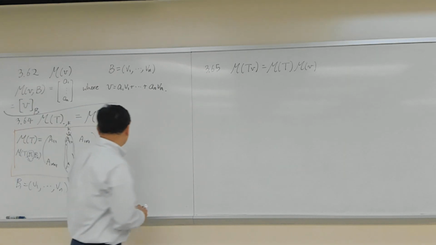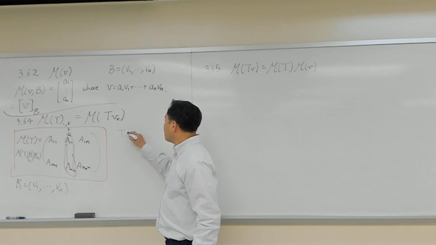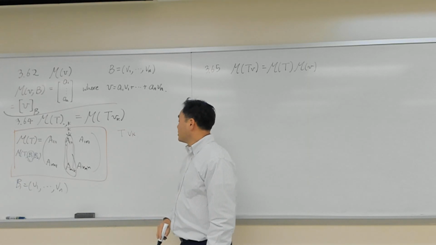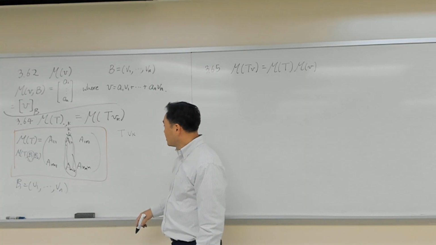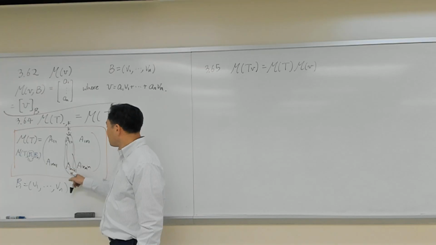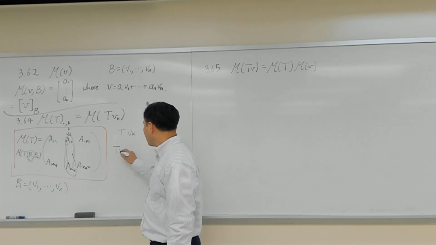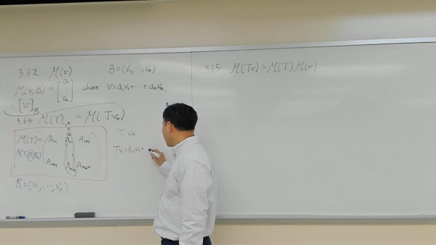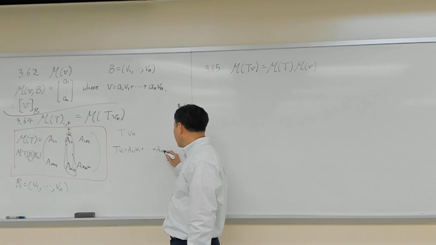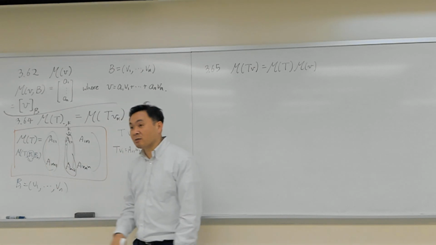And I'm trying to say that if I do T times Vk, well, what is that? By definition, it's this one, isn't it? So what is T V1? That's A11 W1 plus and so on plus Am1 Wm. And A11 through Am1 will give you the very first column, right?